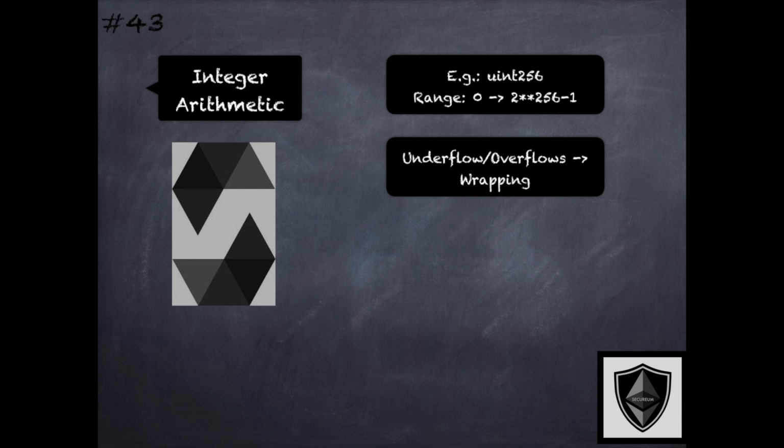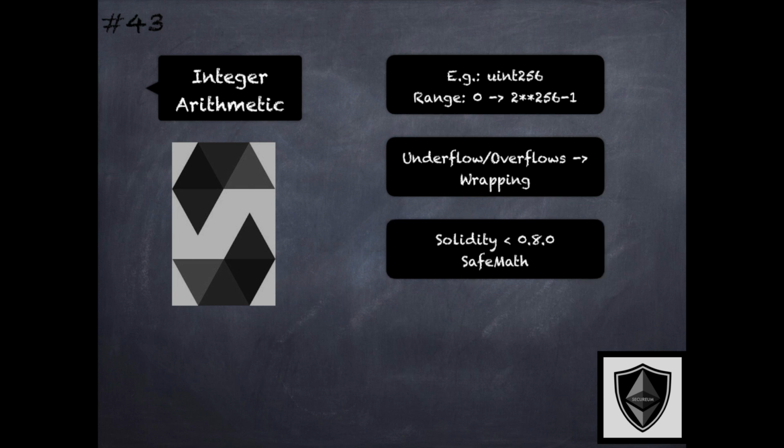in versions of Solidity below 0.8.0, so all the versions until 0.8.0, the best practice was really to use the safe math libraries from OpenZeppelin that made operating on integer variables safe with respect to overflows and underflows.